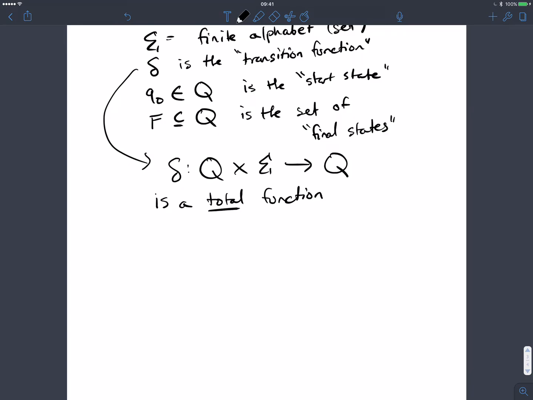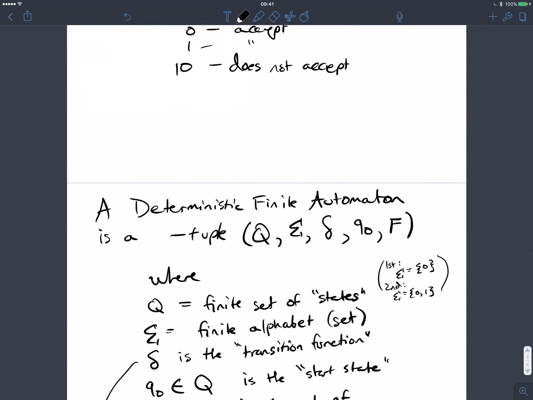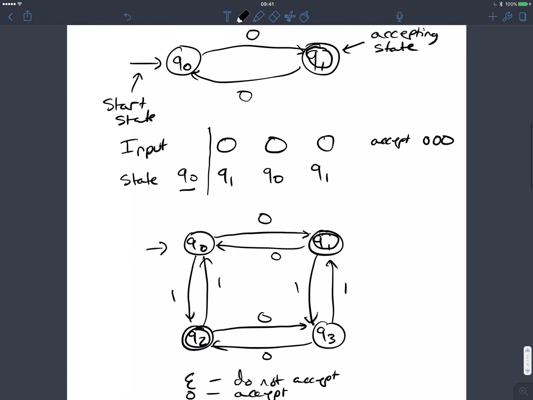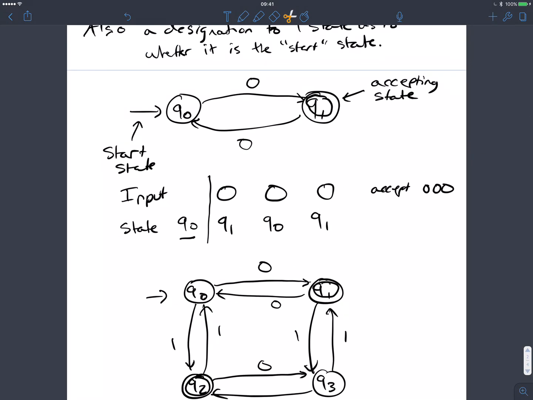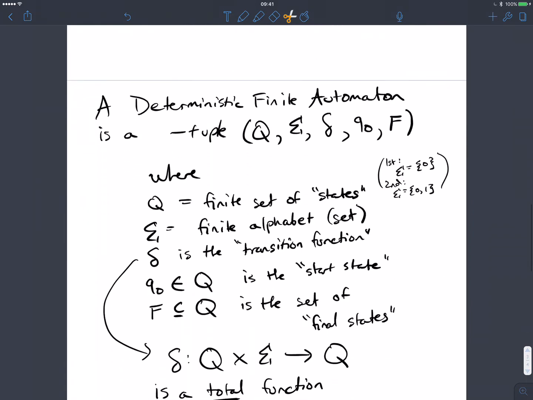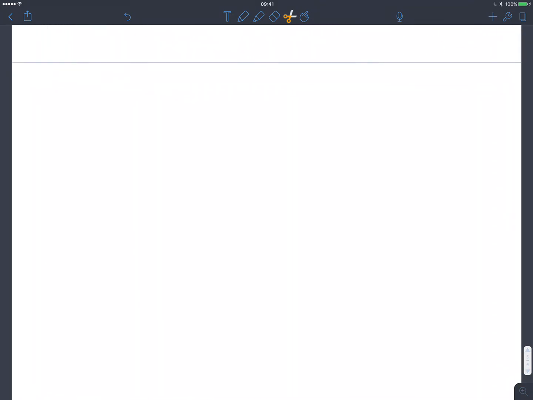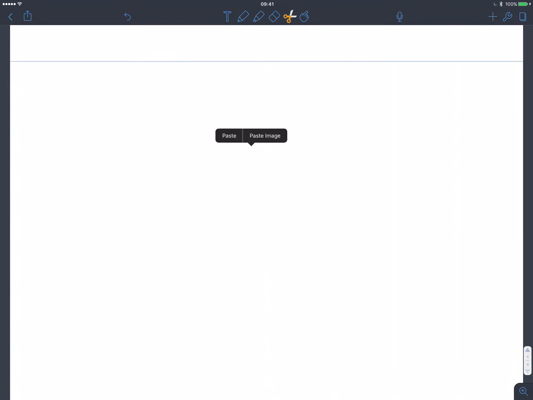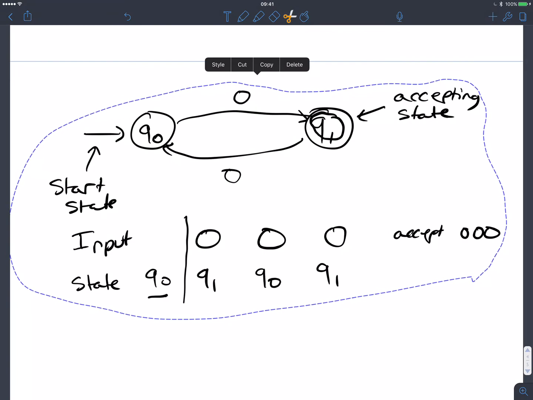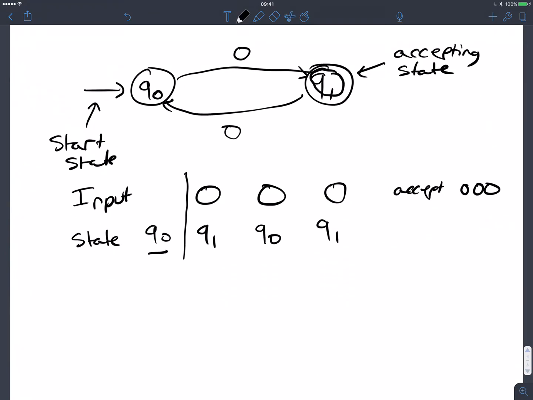Okay, so let's go back to our previous examples. So let's copy this. Man, I love Notability. So let's go on a new page. So we have this first machine.